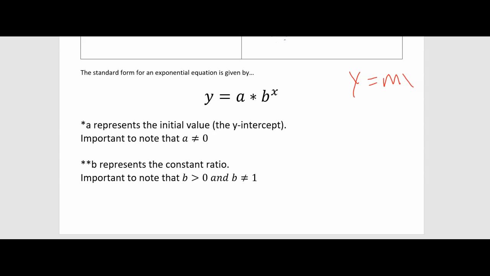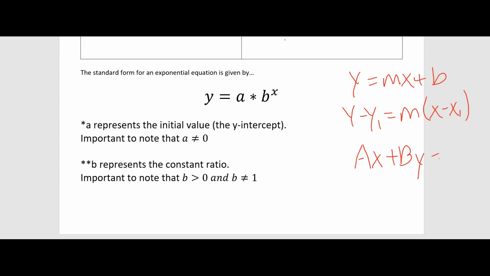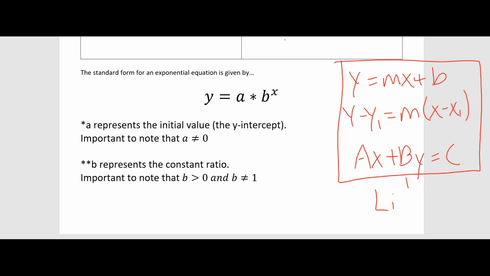We had y equals mx plus b. We had y minus y1 equals m times the quantity x minus x1. And we even had a standard form, ax plus by equals c. These were all linear equations. Well, now we have a standard form for an exponential equation.